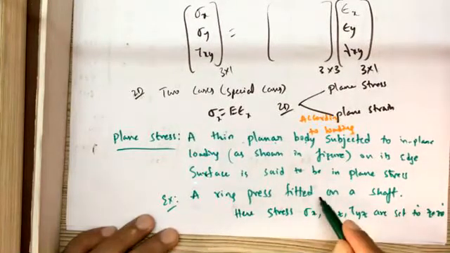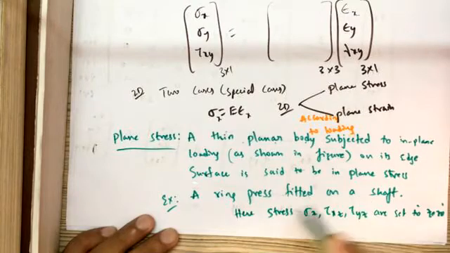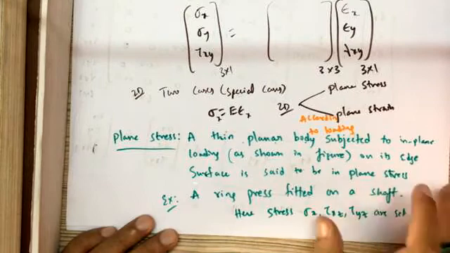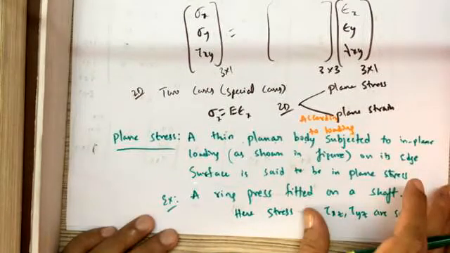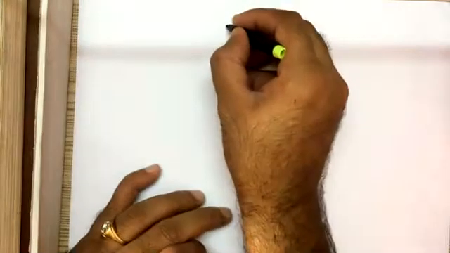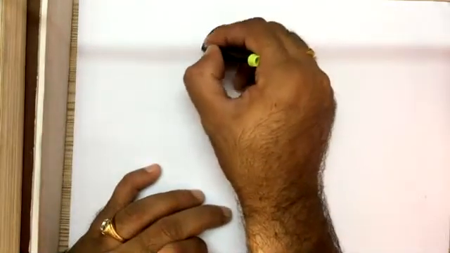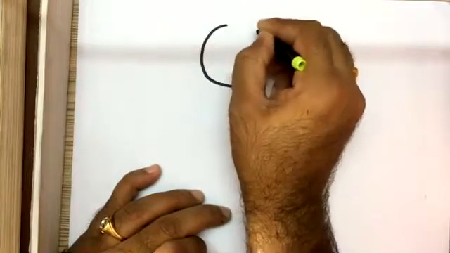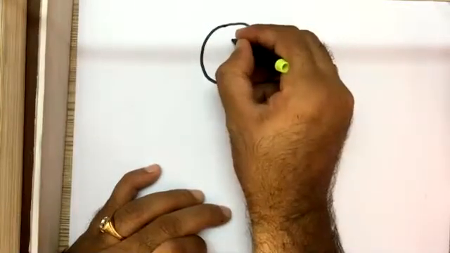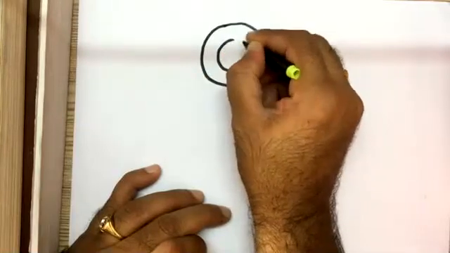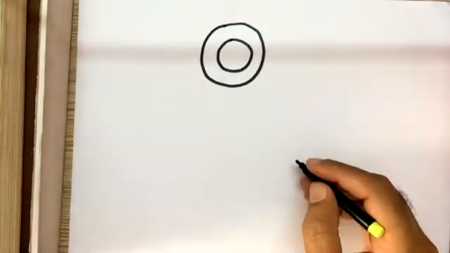Example is a ring press fitted on a shaft. So you have a shaft like this. Let us suppose you have a ring press.